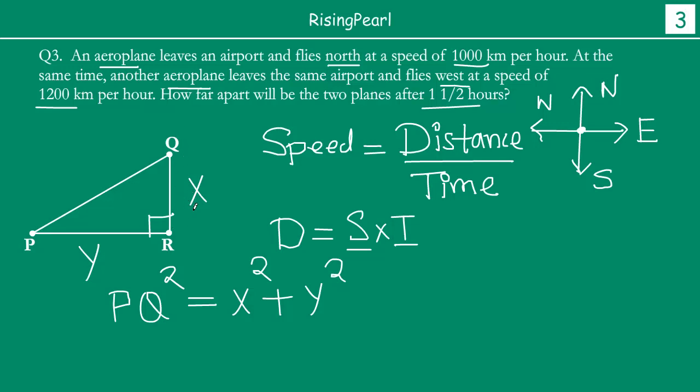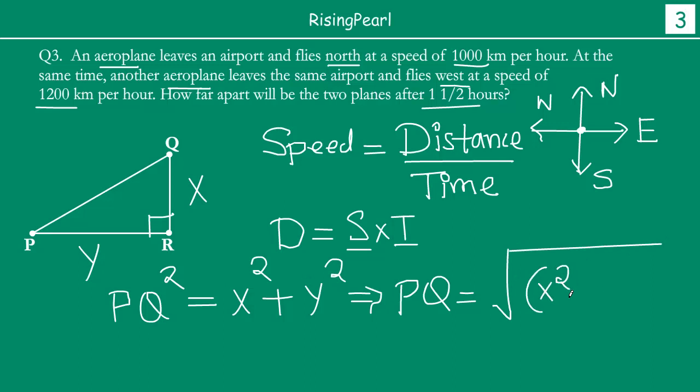So PQ square is equal to X square plus Y square. And please note that you actually know the value of X square, Y square. So PQ, which is the distance between the two aeroplanes, is nothing but the square root of whatever value you get here, X square plus Y square.